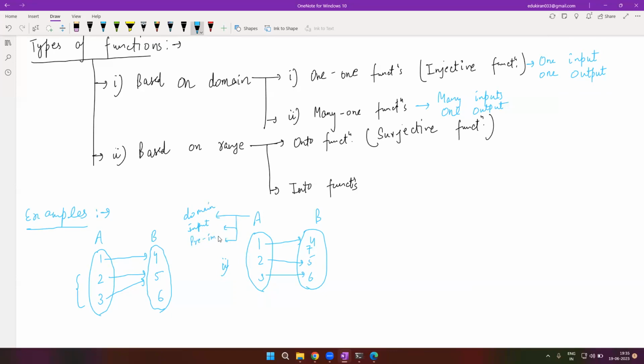You can take any name, they all mean the same. Domain, input, and preimage. Right? Talking about B, it is your codomain, or output, or image.